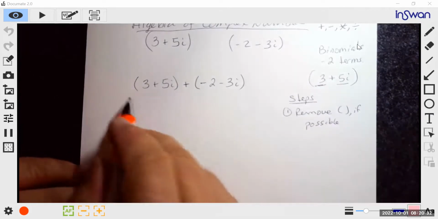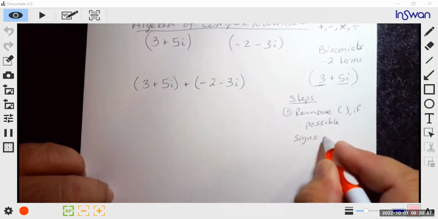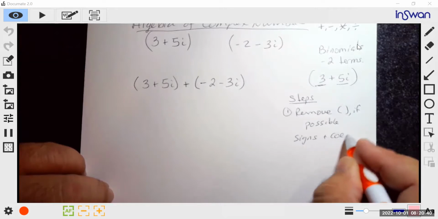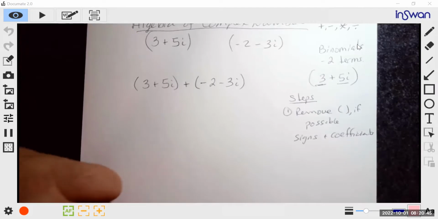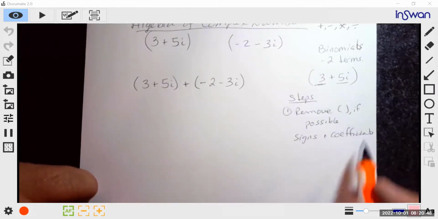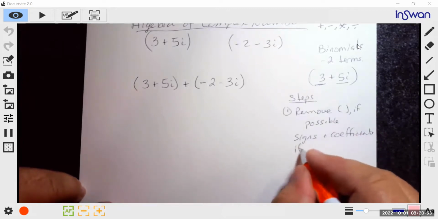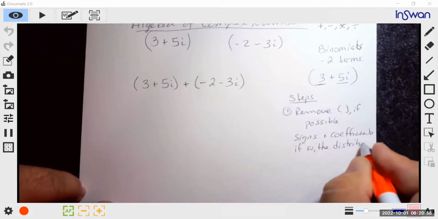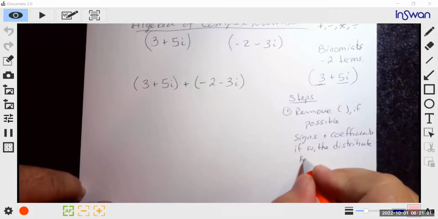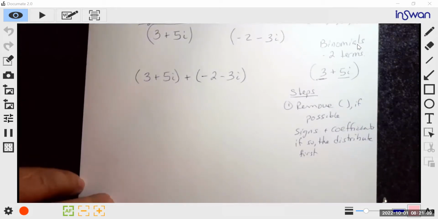In other words, you have to be careful if it has a negative sign or a coefficient in front of the parentheses. If there is, we have to distribute first to get rid of the parentheses.